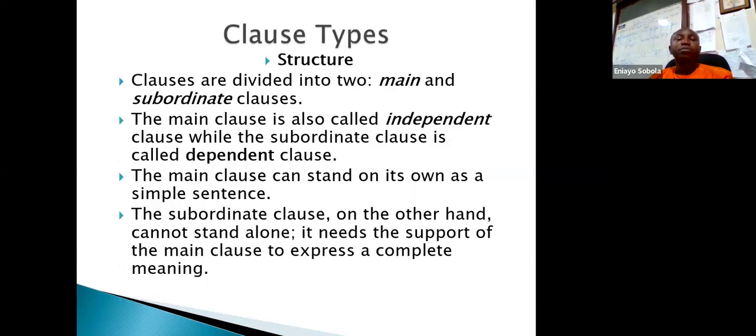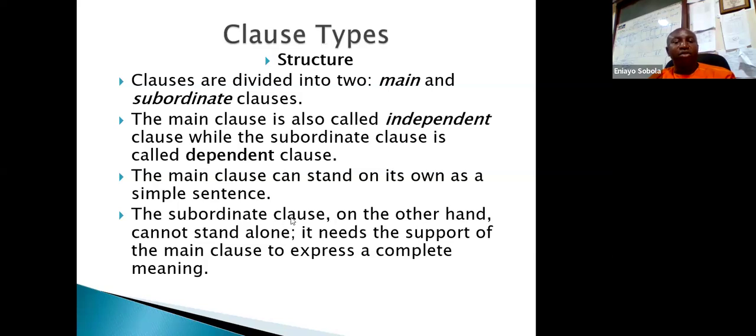So, according to structure, clauses are divided into two. We have main and subordinate clauses. You know that the main clause is also called independent clause, while subordinate clause is called dependent clause. As we know, a main clause can stand on its own and make sense like a simple sentence.